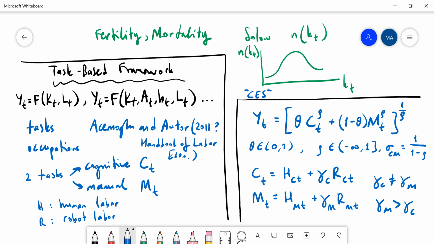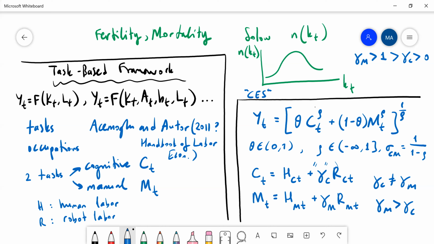You may also imagine this, of course. So gamma M would be larger than 1. So the robotic task is greater than the cognitive task, right? But gamma C could be less than 1. In the cognitive task, human engineers and human scientists would still be outperforming the robots.